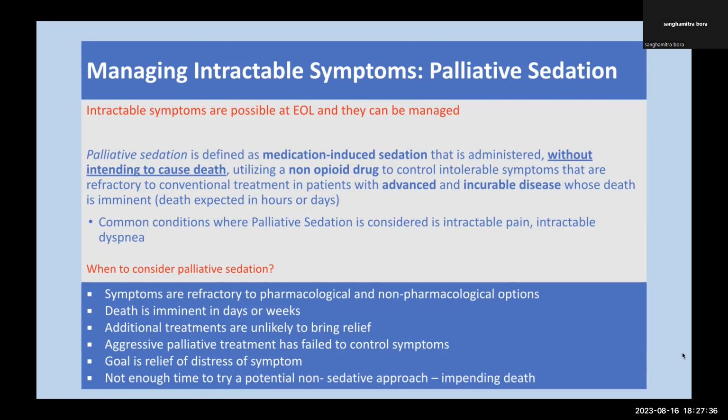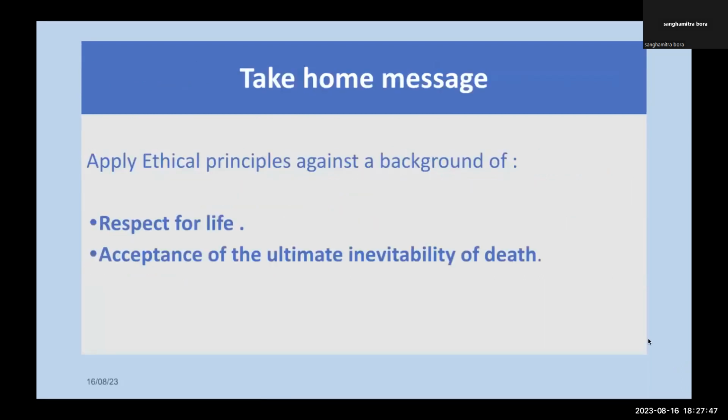But the goal of treatment is relief of distressing symptoms at the end of life. So today's take-home message is that we apply ethical principles against a background of respect for life and acceptance of the ultimate inevitability of death.